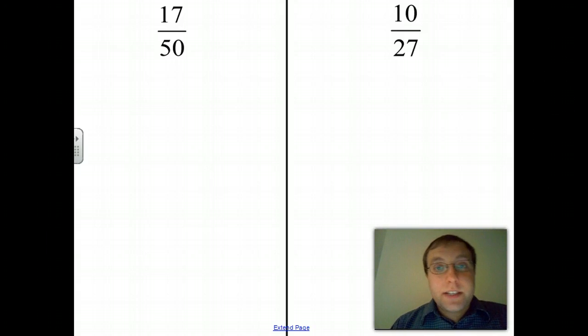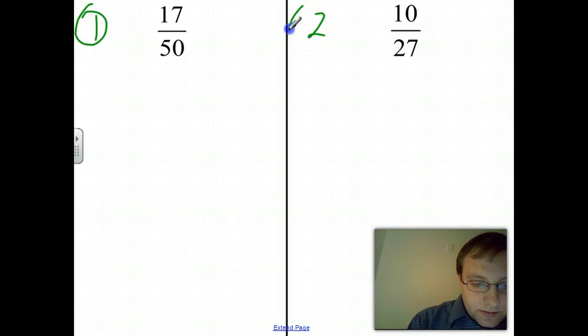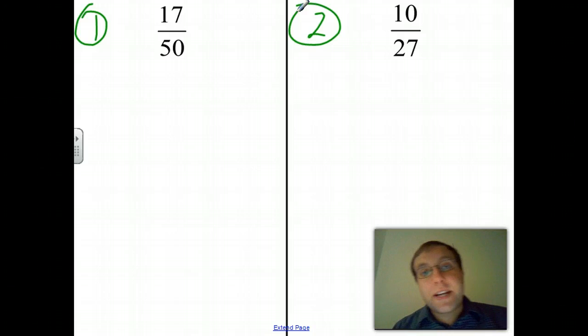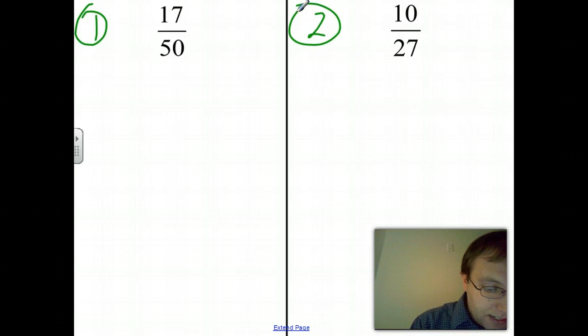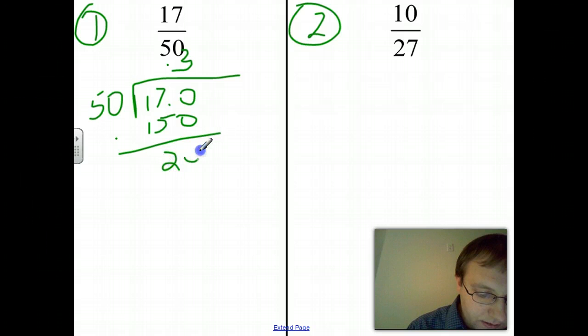If we look at 17/50ths, the example on the left, which I'll call number 1, we have to be careful with our division. This is 17 divided by 50. Now 50 can't go immediately into 17, but 50 can go into 170. It goes in 3 times, because 50 times 3 is 150.